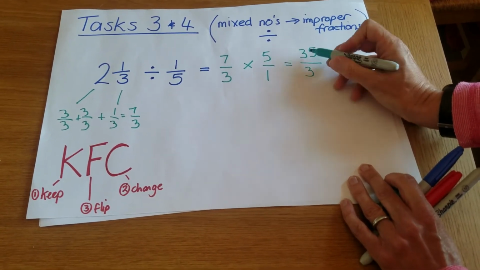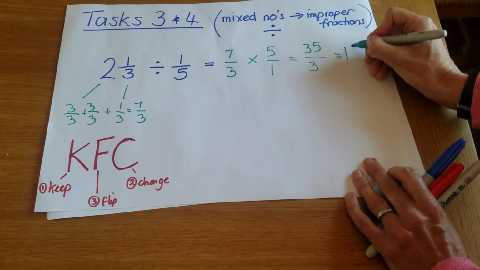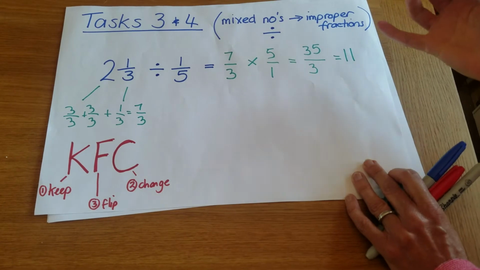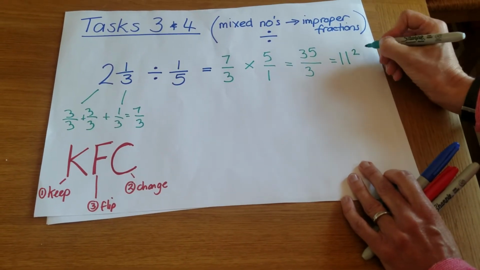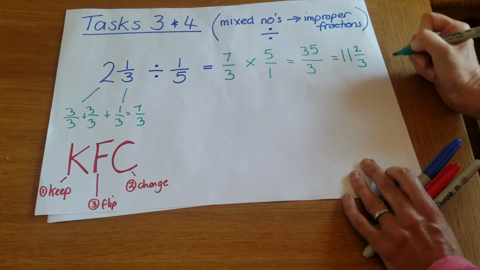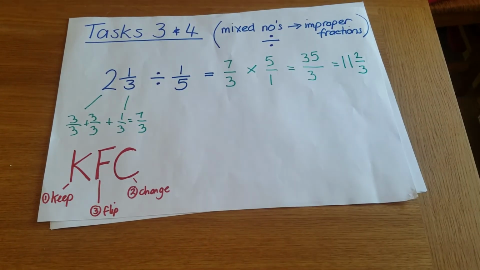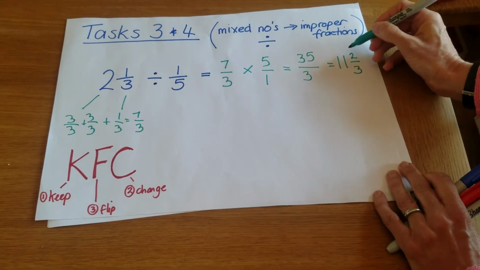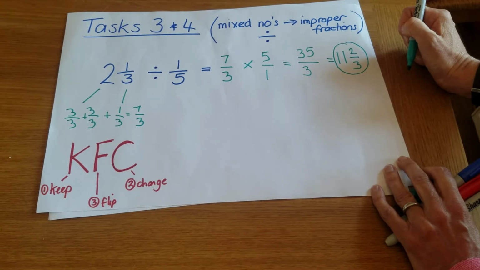There are 11 3s in 35. But I also have 2 left over, so it's going to become 2/3, because there's 2 remainder, but it is 2 little thirds that are the remainder. And so my final answer is going to be 11 2/3.